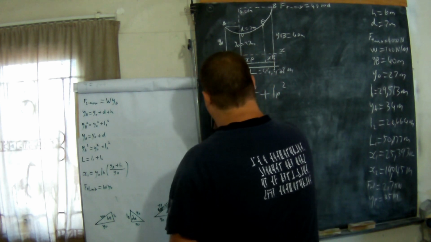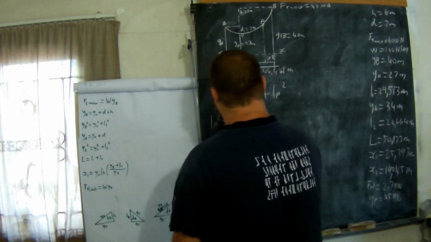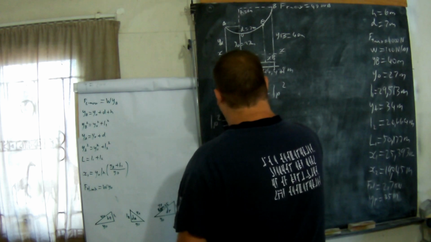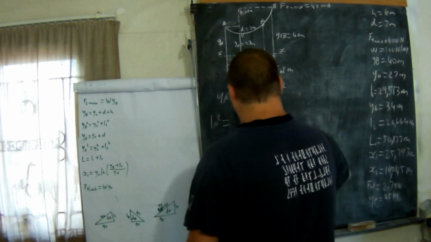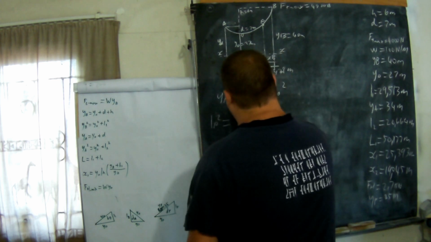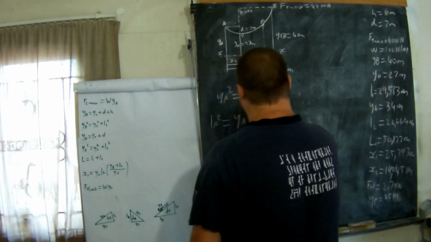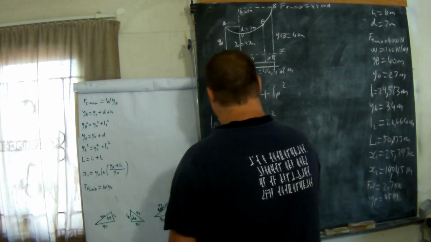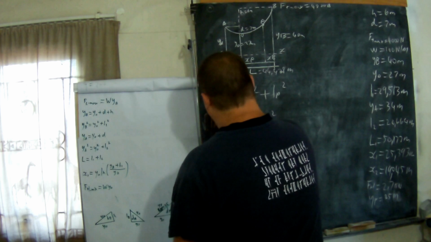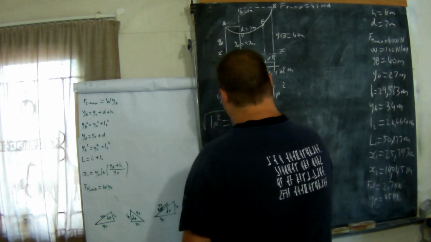So we have LP squared is equal to, actually it should be YP squared minus YO squared. That makes more sense. Now we square root this and we square root that.